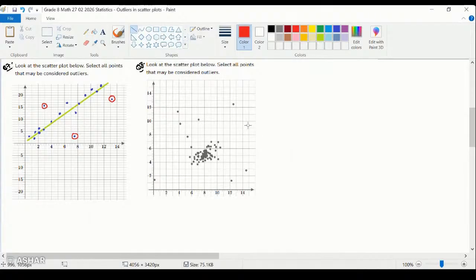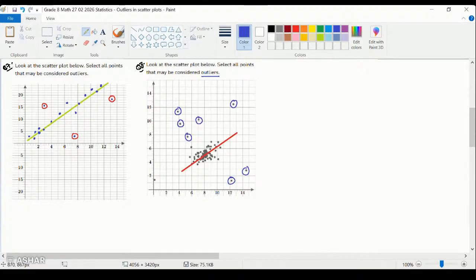So can we say we draw a line in this manner such that maximum points are near the line, whereas these points which are not near the line can be considered as outliers?